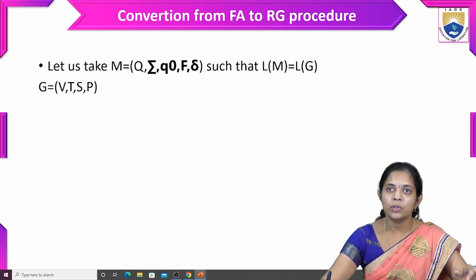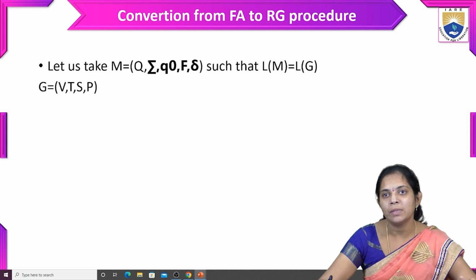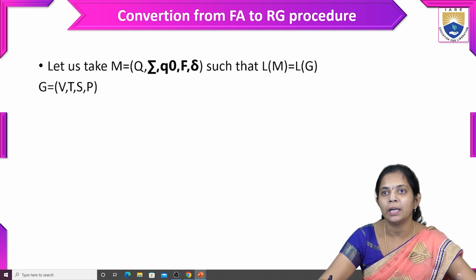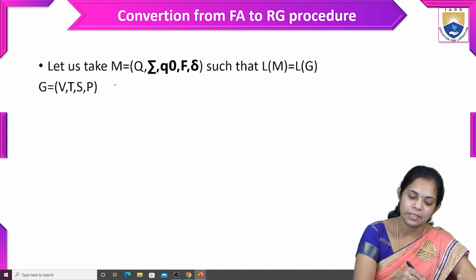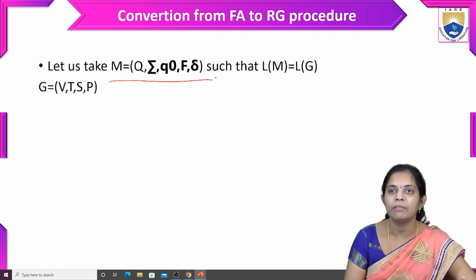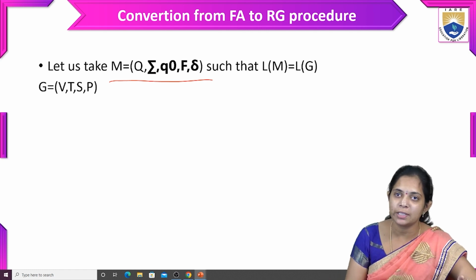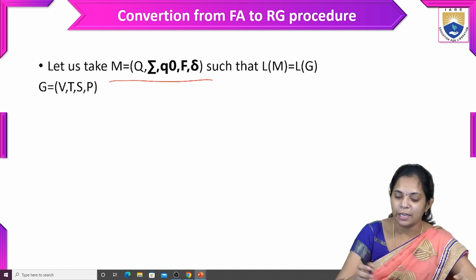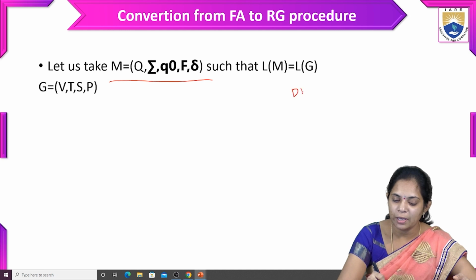We'll see. So here let us take M is equal to Q, sigma, q naught, F and delta. So these we already discussed. This is about the finite automata five tuple. So finite automata has a five tuple for NFA, DFA and epsilon NFA.